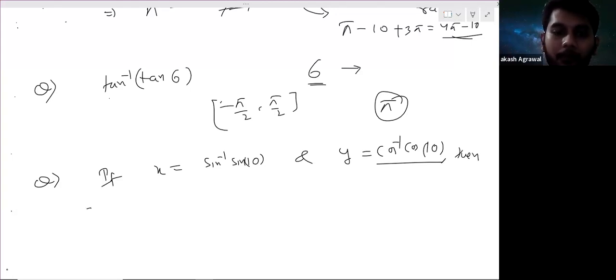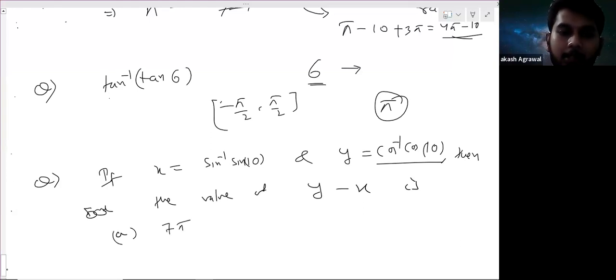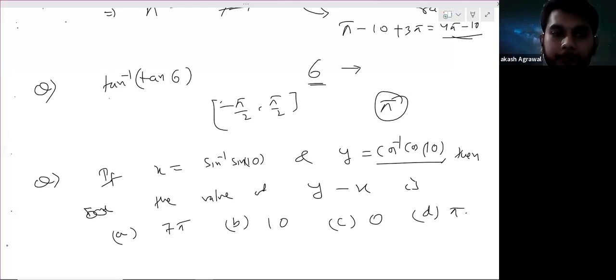Then find the value of y minus x. Options are 7 pi, 10, 0, pi. Okay? Yes, sir. Write it down quickly.